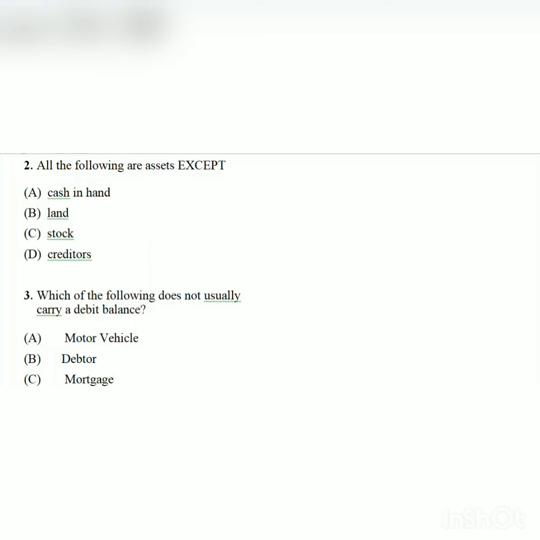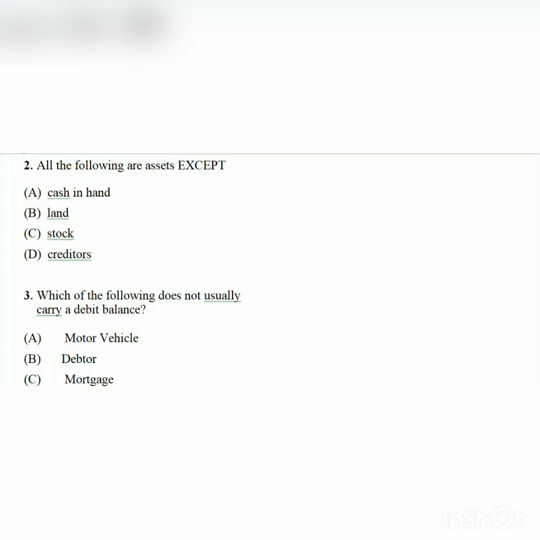Now, we know that assets are the resources that the business owns. They belong to the business. So I want to look at the resources that belong to the business. Here we have A, cash in hand. We have B, land. We have C, stock. And then we have D, creditors.